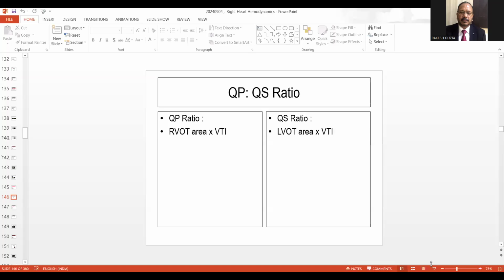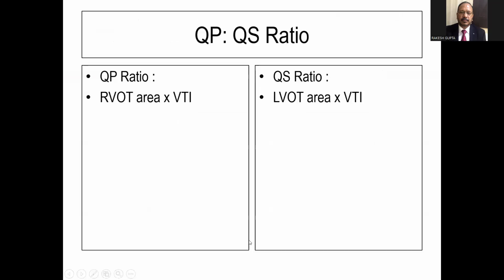So we get LVOT area into LVOT VTI. That is stroke volume at systemic level. That is QS. On the contrary, if I go to pulmonic level, what do I need to look at?